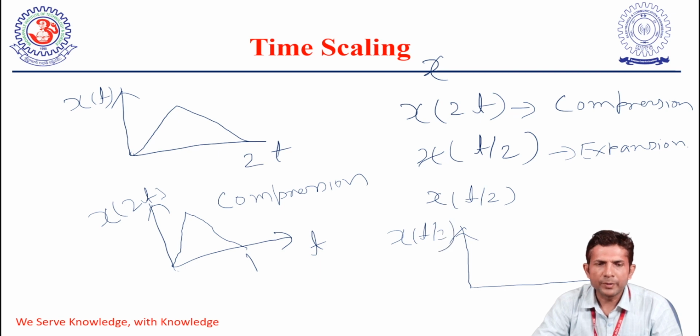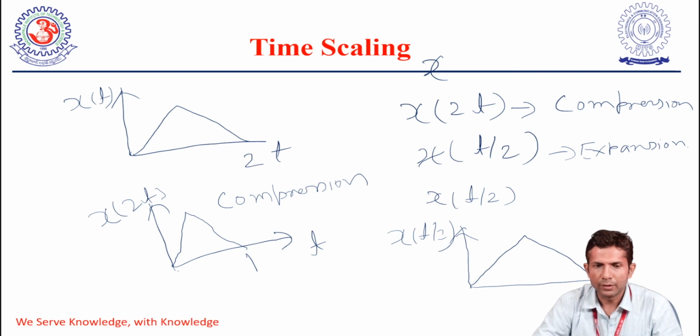As it has been stated that x of t minus 2 will be expansion, how will it be expansion? The original signal will be multiplied by 2. So where there was 2, it will now be 4. So let us draw the modified signal like this.